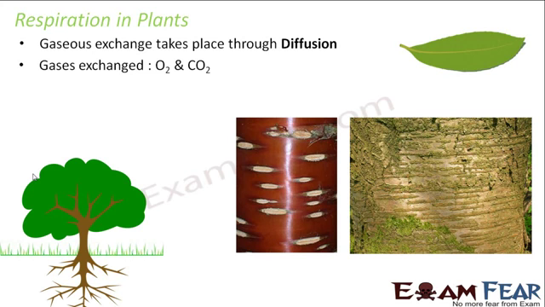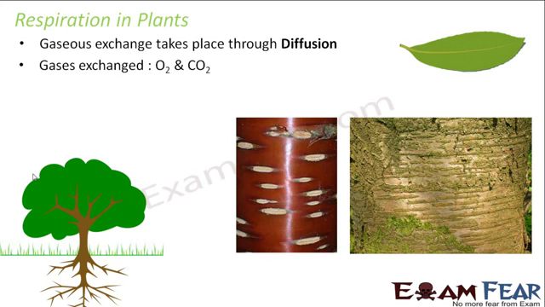What are the gases that are exchanged? Oxygen and carbon dioxide. We have seen in the process of photosynthesis that carbon dioxide is a gas which is needed for photosynthesis. Right? So therefore intake of carbon dioxide had to take place. At the same time we saw that in photosynthesis oxygen was released.